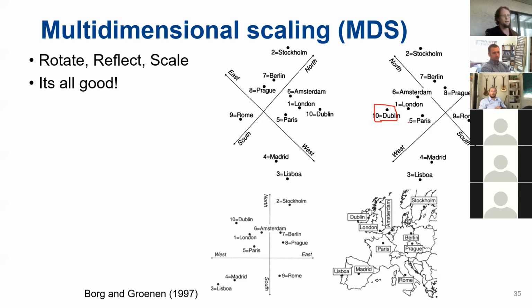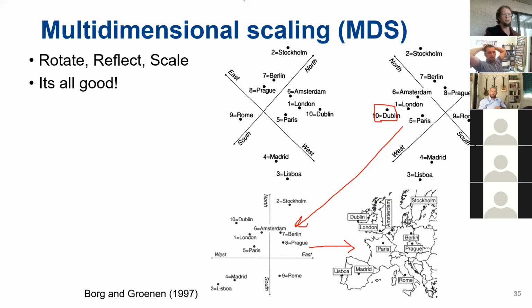We can rotate that, right? So now in this case, we've put the ordinal directions on here. We can rotate those ordinal directions to north. Again, all good. And then that matches essentially a map of Europe pretty accurately. So rotate, reflect, scale, it's all good.